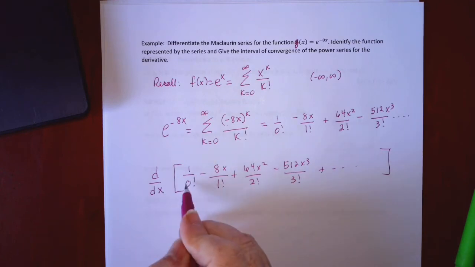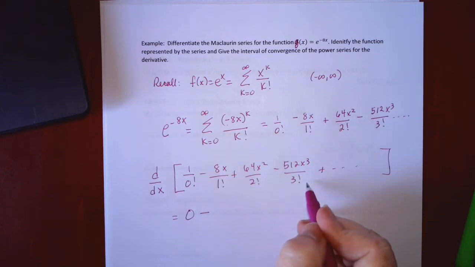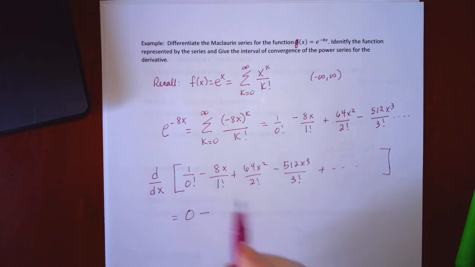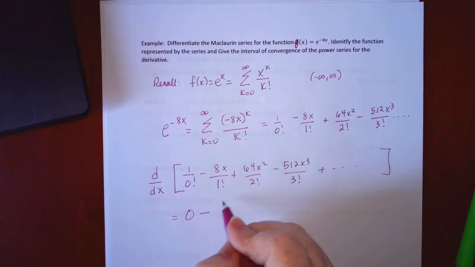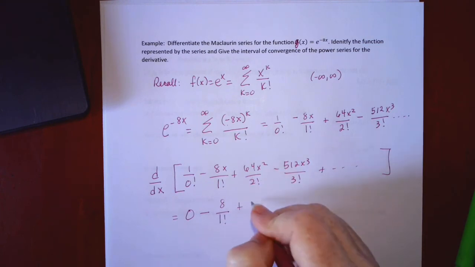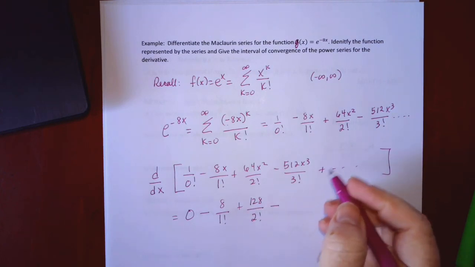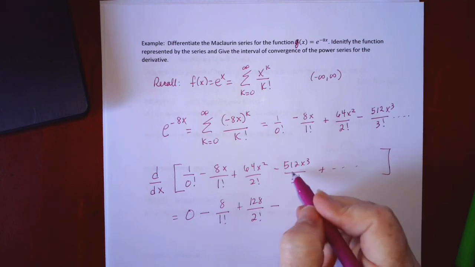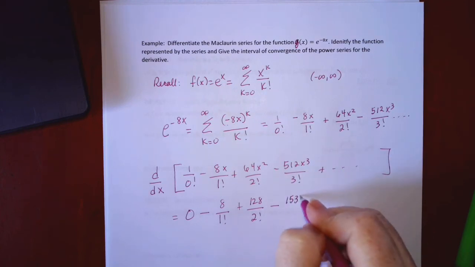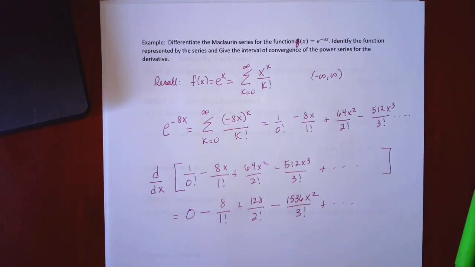The derivative of this term would be 0. The derivative of this term, now remember these denominators are just constants, so they just hang out down there. The derivative of 8x is negative 8 over 1 factorial, plus we have 64 times 2 is 128 over 2 factorial, minus 3 times 512 would be what, 1536? And so on and so forth.